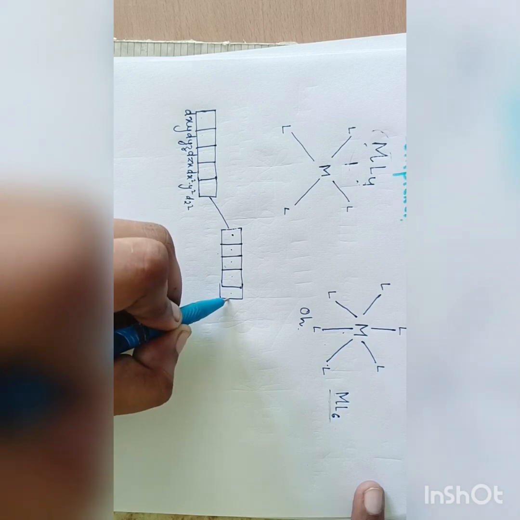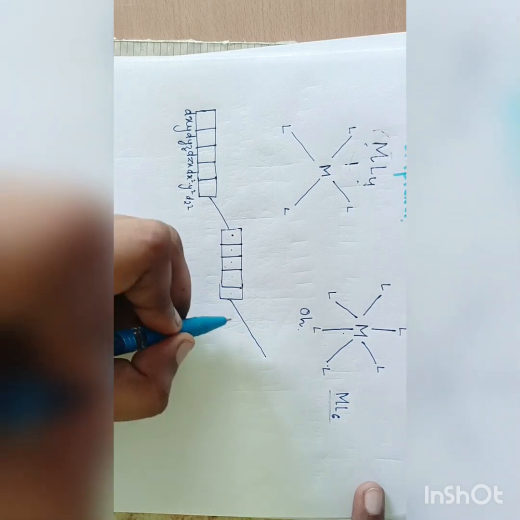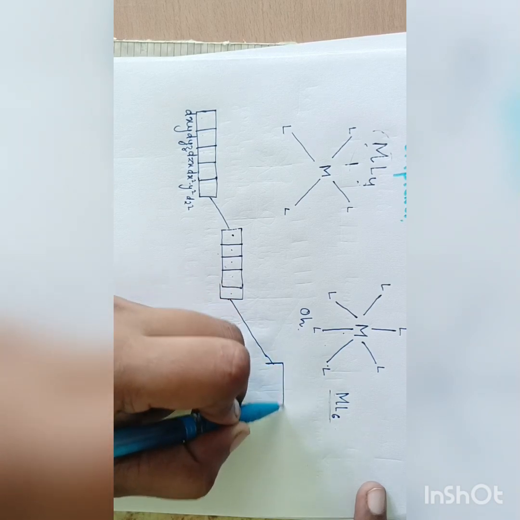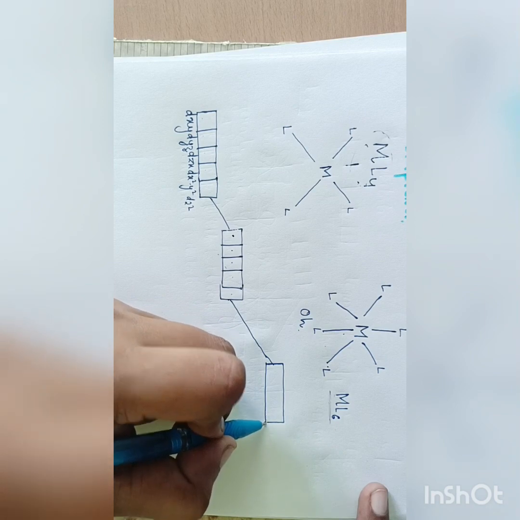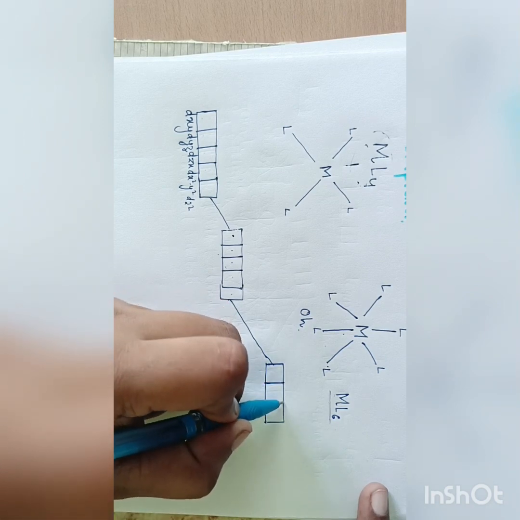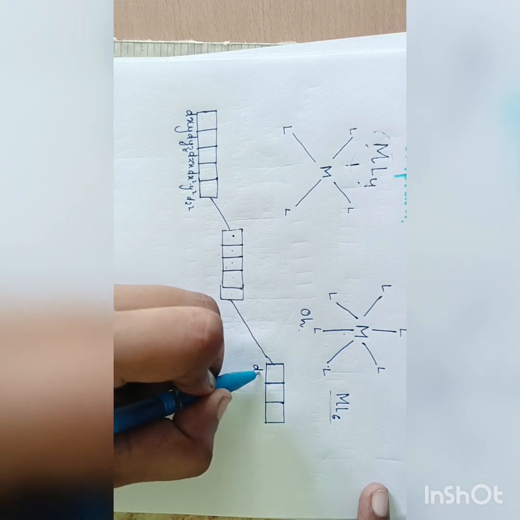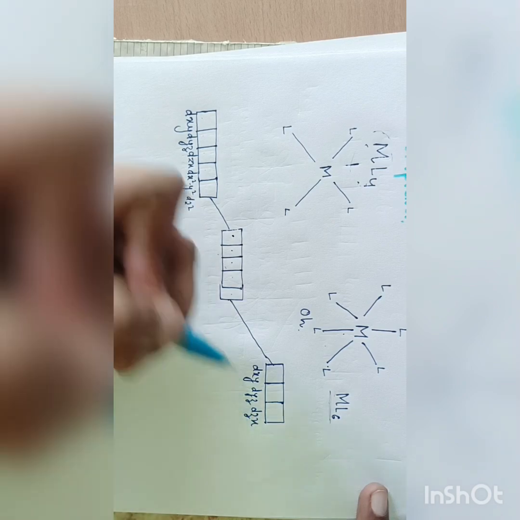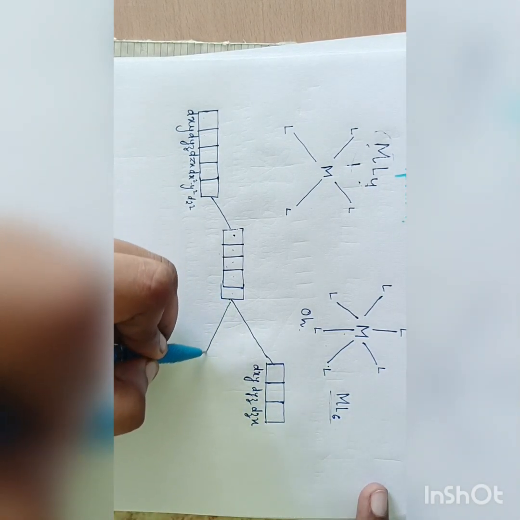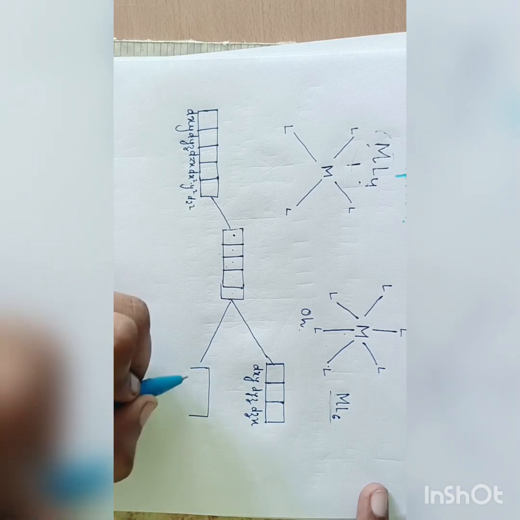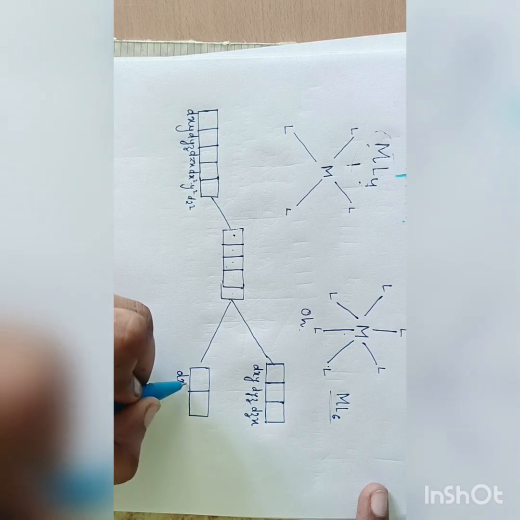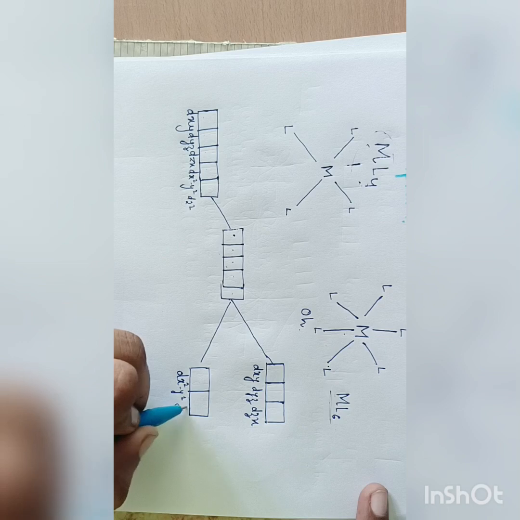So when the ligand completely approaches towards the metal, the energy of 3 orbitals, dxy, dyz and dzx, increases, and the 2 orbitals, dx square minus y square and dz square, have a decrease in energy.